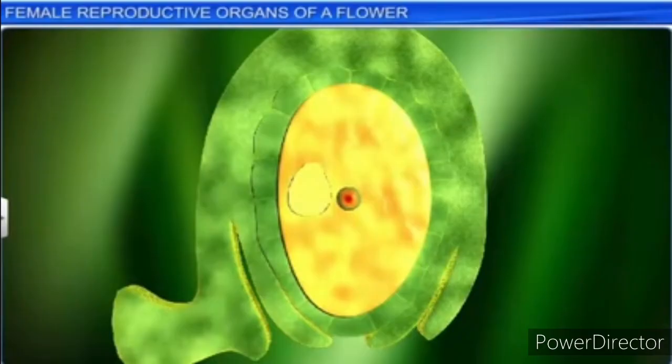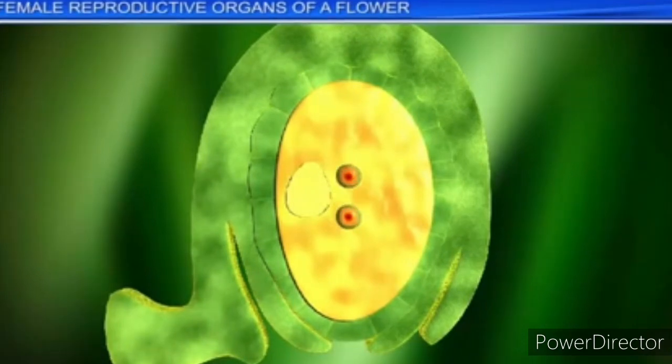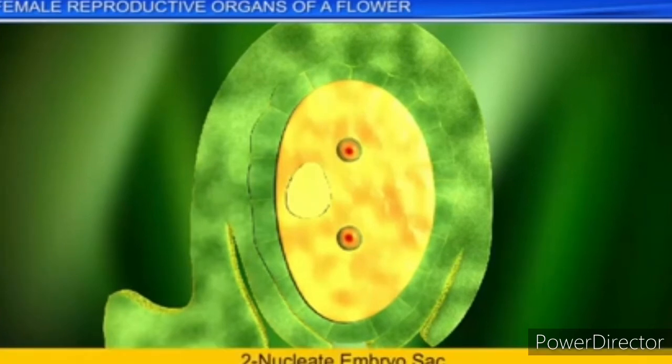The nucleus of the embryo sac divides mitotically. Mitosis means 1 division forms how many nuclei? 2 nuclei. See, listen here. From the embryo sac, 1 nucleus divides to form 2 nuclei, which move to opposite poles.